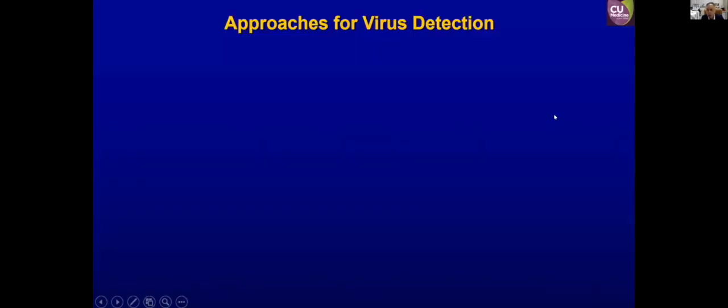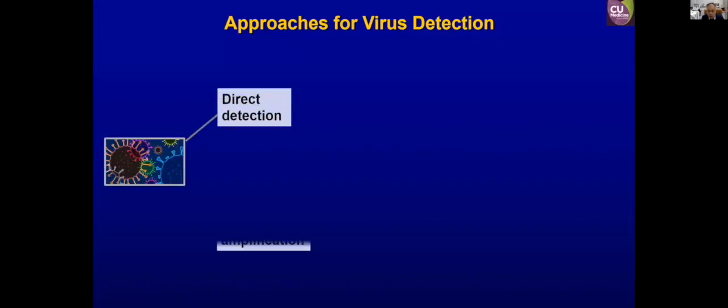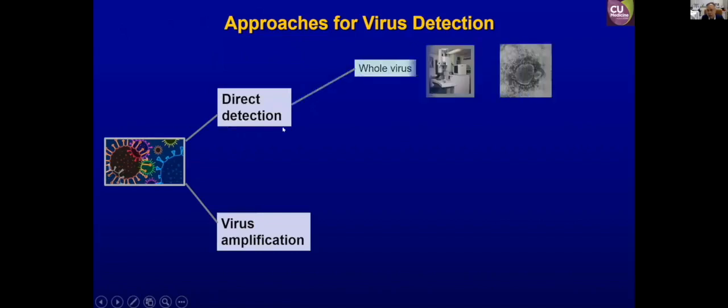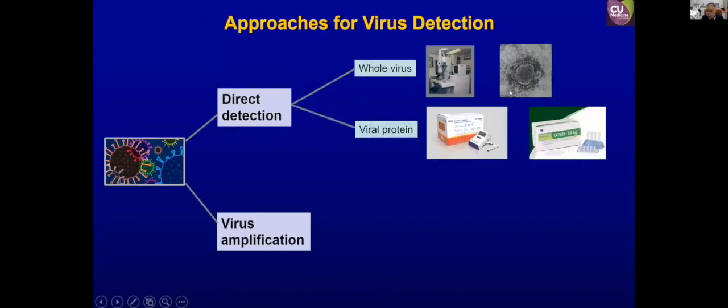Okay, just to summarize the diagnostic approaches for detecting viruses in general. On one hand, we can detect by using direct detection. That includes when you just want to see the virus, put it under electron microscopy, and then you can have the beautiful image of the virus. Or you can detect the protein, or what people may refer to as an antigen assay.